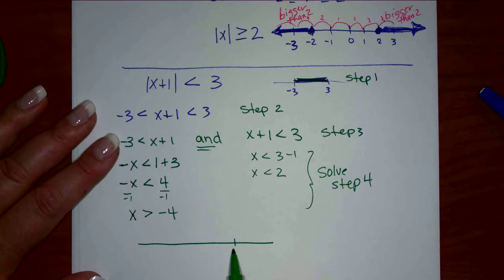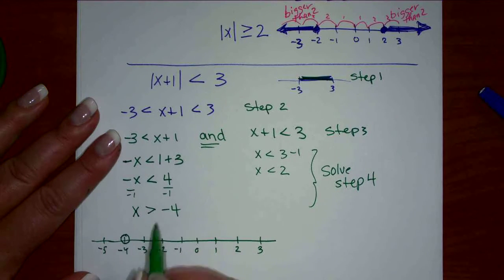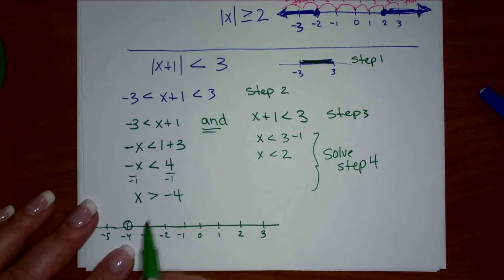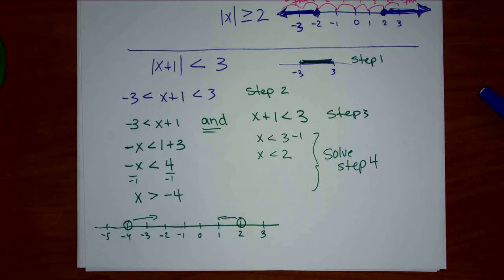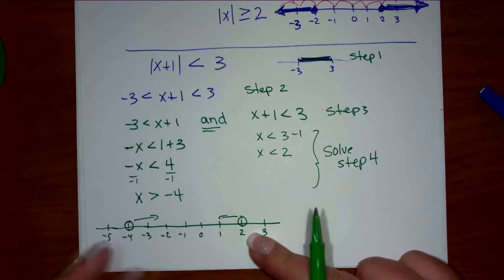So 2. So greater than negative 4. Now this is not shaded in because there's no equal sign, and that would go in this direction. And here is less than 2. Goes in that direction. So is it in between two numbers? Yes, so you didn't mess up. Okay? If it starts that it's in between, then it should end that it's in between.